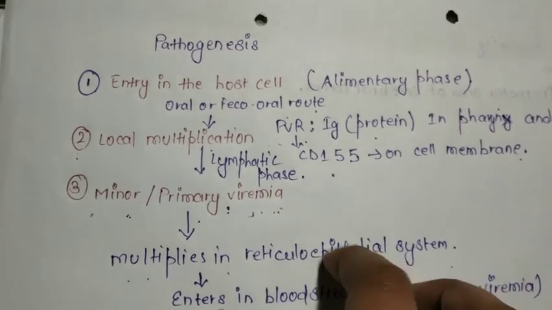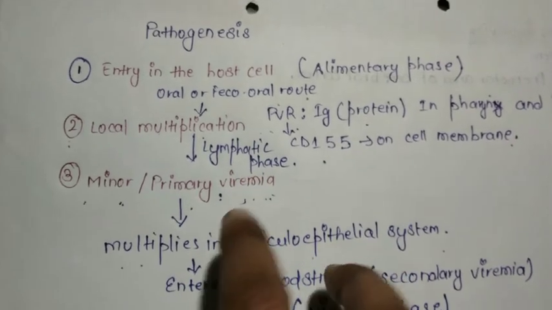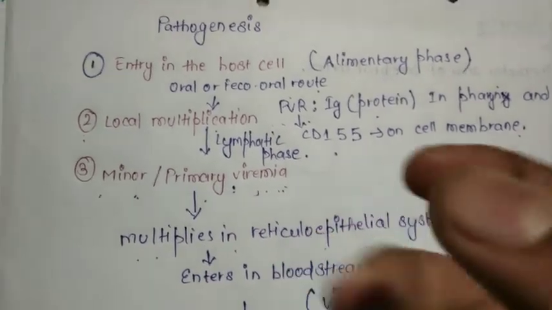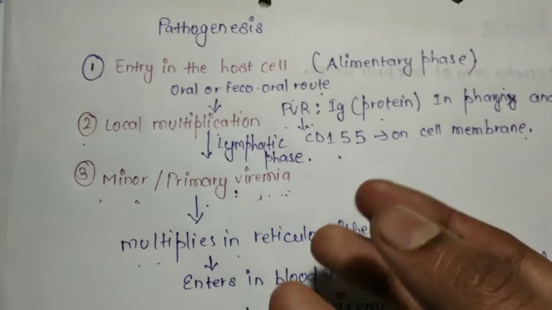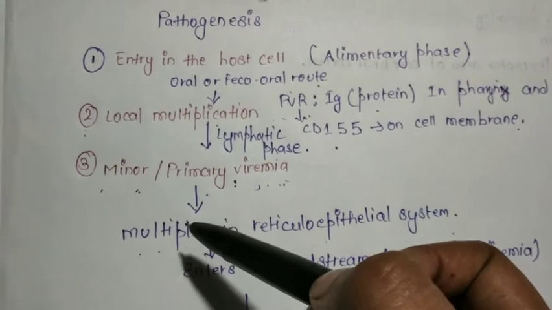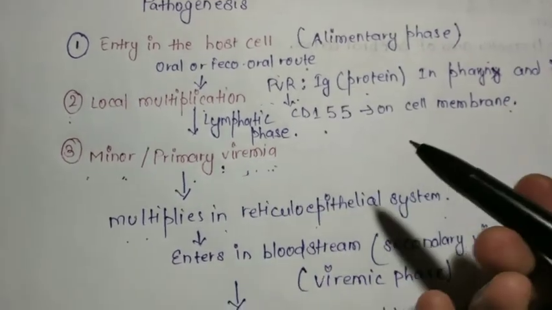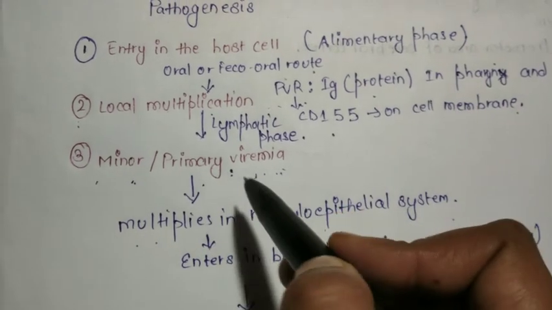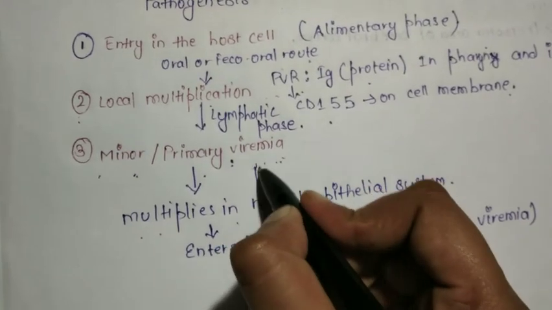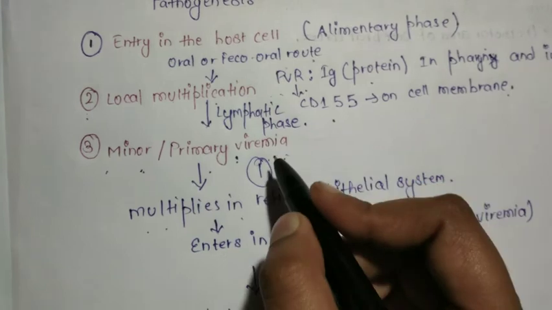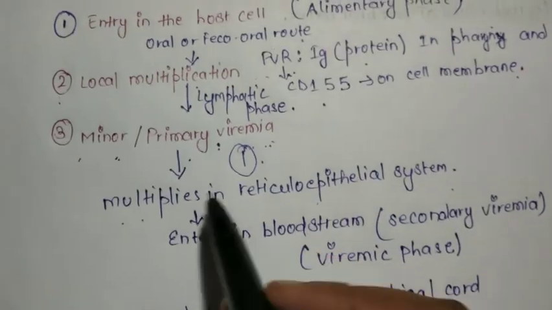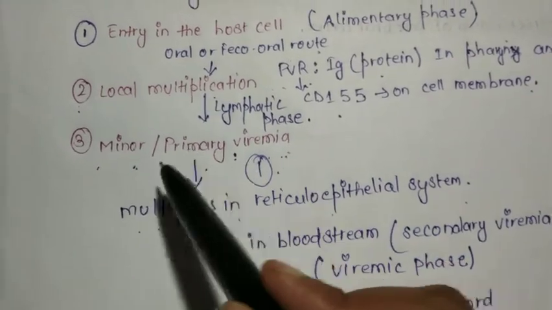After this lymphatic phase, the multiplied viruses are absorbed into the bloodstream, and that first stage is known as the minor or primary viremia.